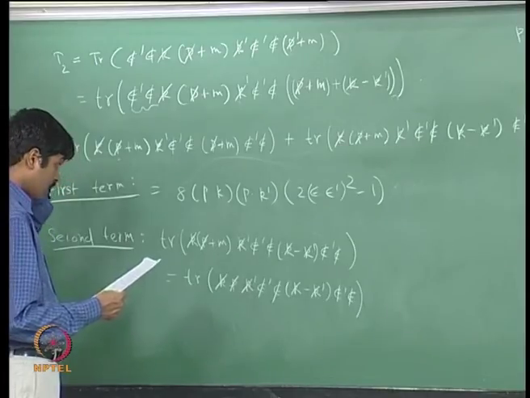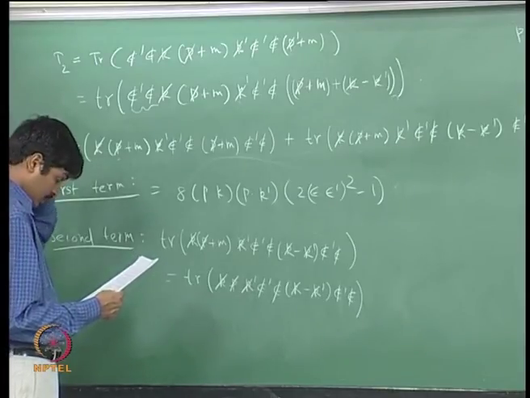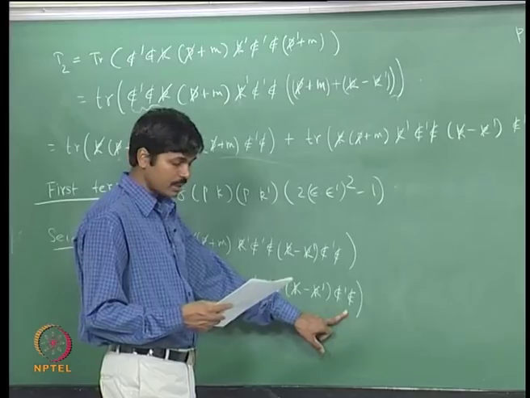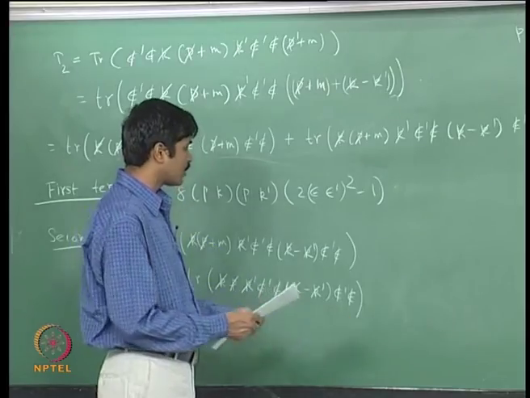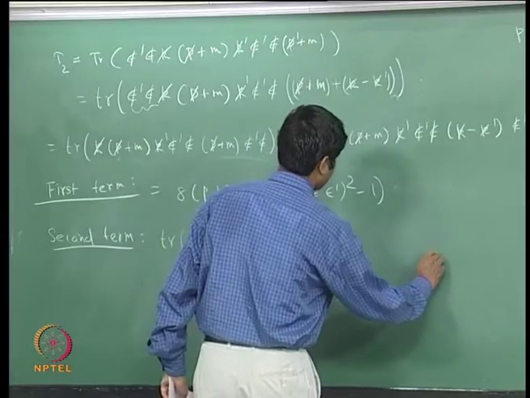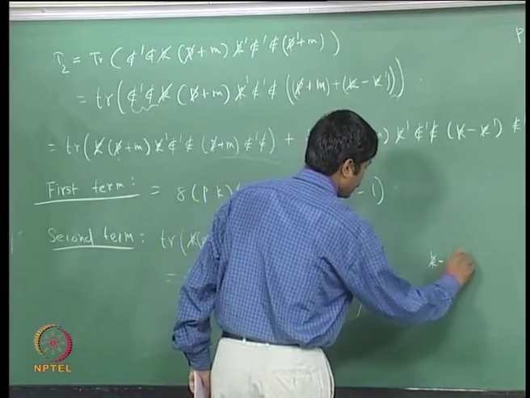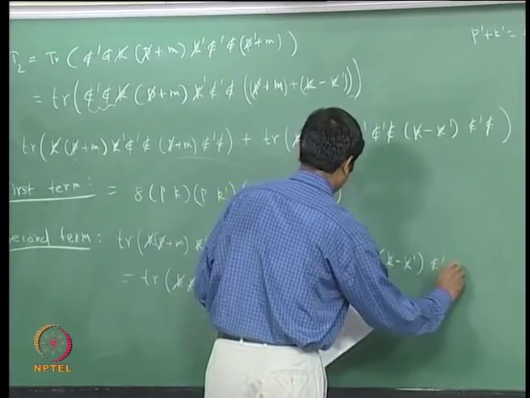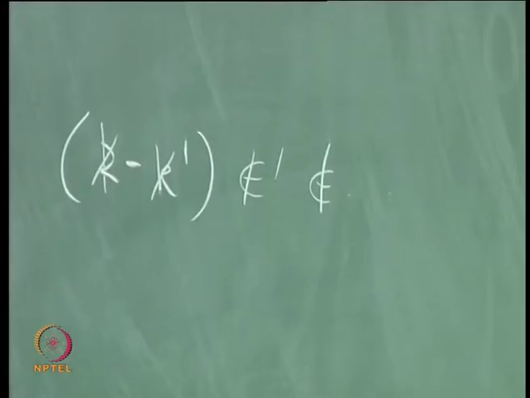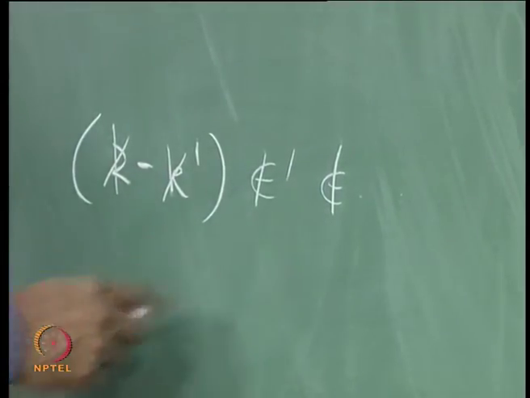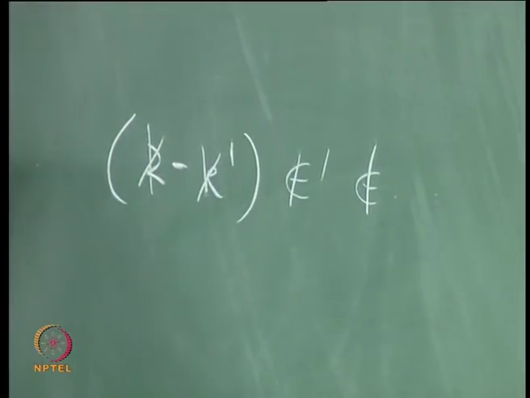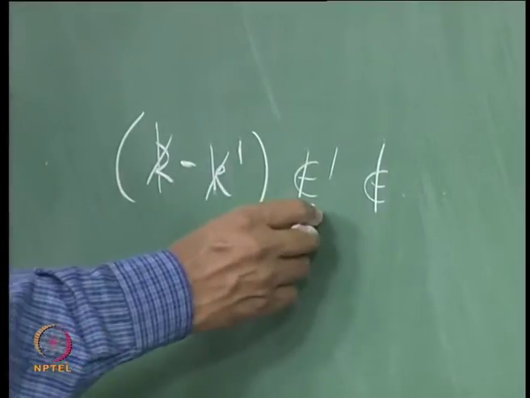So, now I will focus on the last three terms here. What I will get is, so let us do this, it is k slash minus k prime slash times epsilon prime slash epsilon slash. Okay. Now, you try to move this epsilon slash to the epsilon prime slash to this side.